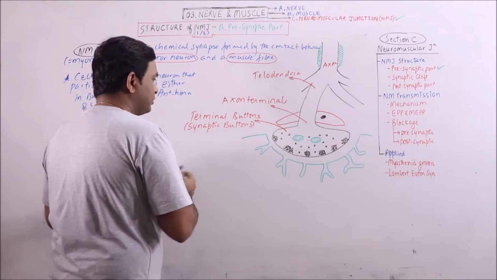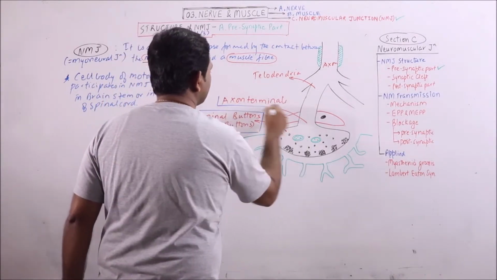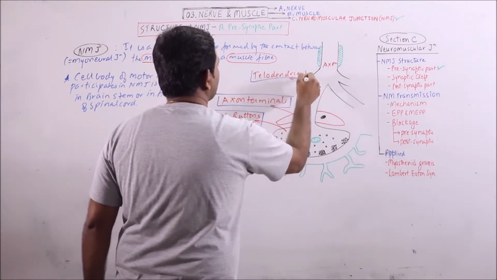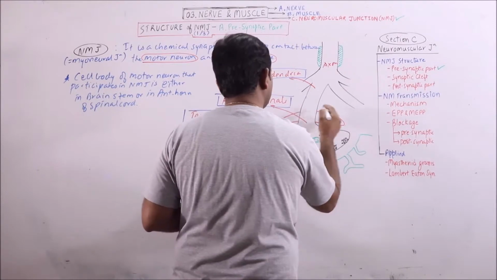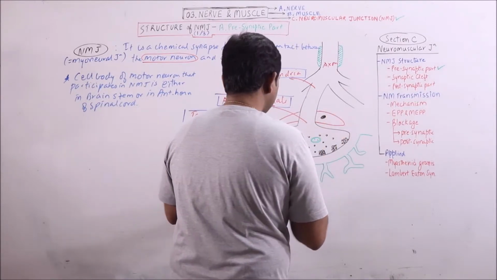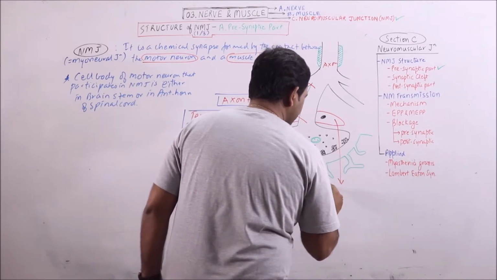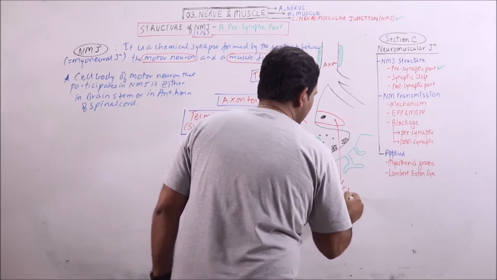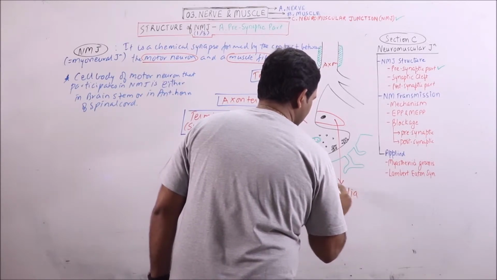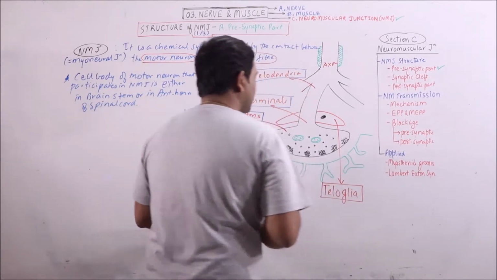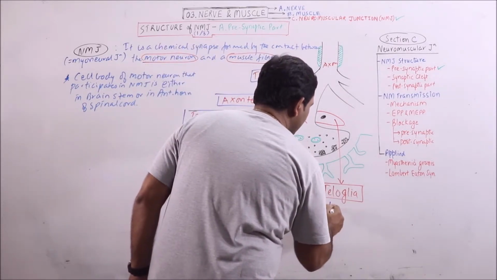Now, these terminal buttons or synaptic buttons are covered by some cells known as teloglia cells. These teloglia cells are basically Schwann cells.